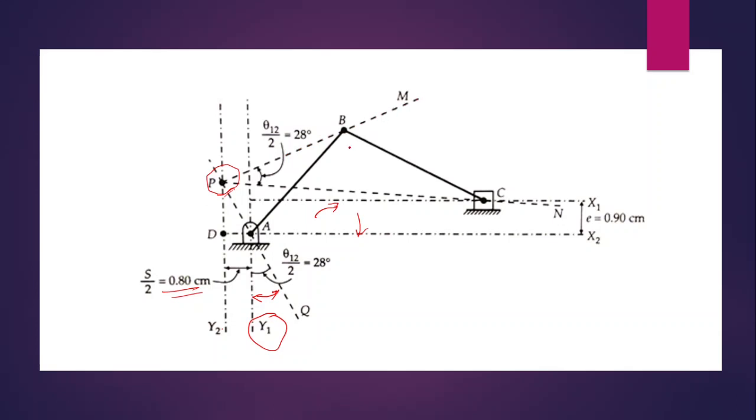Then we can select any point on this line PM randomly as point B. Then connect ABC with thick lines, and that is the required slider crank mechanism.